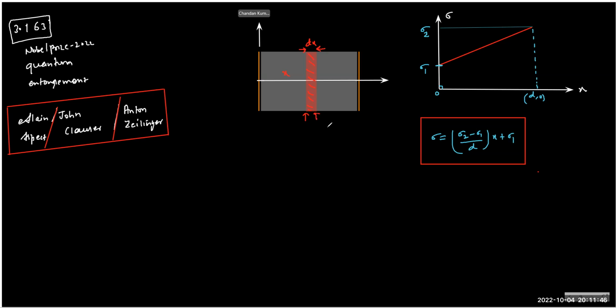That is equal to sigma x. The sigma at x is something which is constant, and therefore you can add the dR, the resistance.